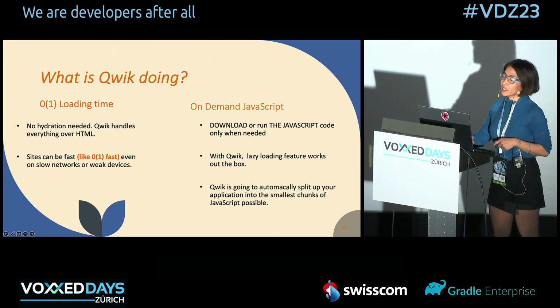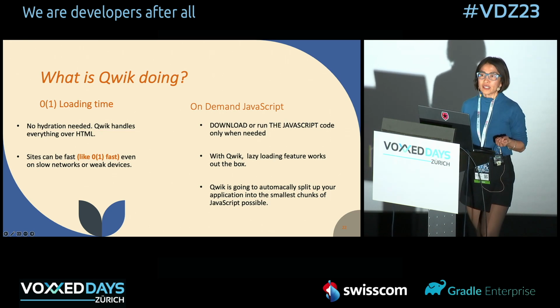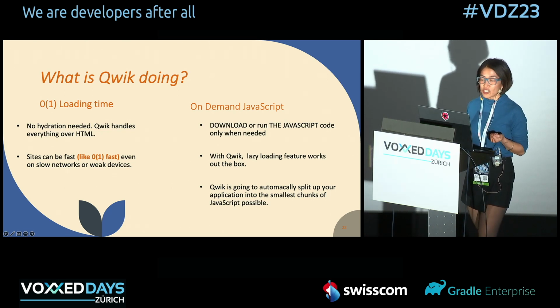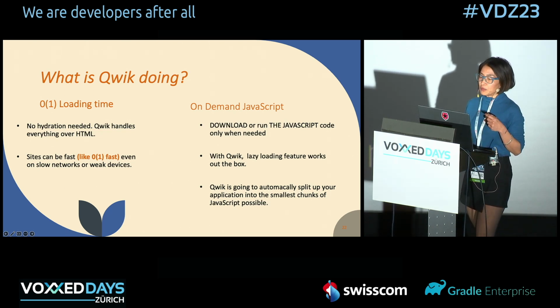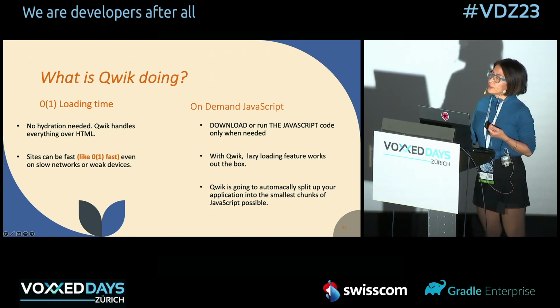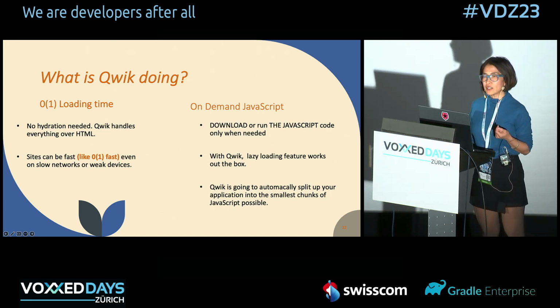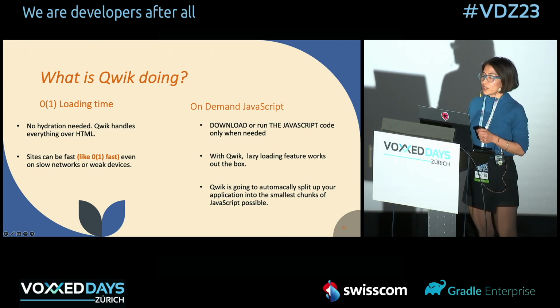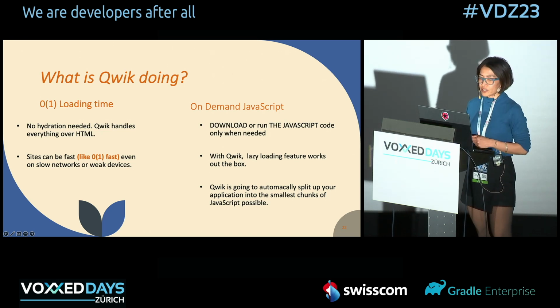The second part is that Qwik is progressive. This means that when the user starts to interact with the page, Qwik will start downloading and executing all the necessary code for that interaction. In this way, Qwik applications are more like streamable apps, rather than downloading everything upfront before the interaction.